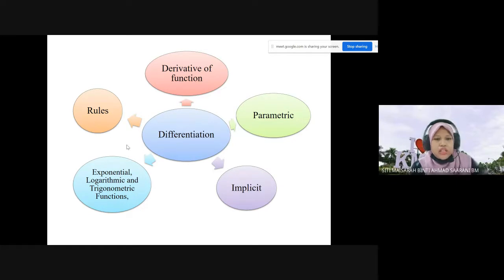The third one is 9.3, differentiation of exponential, logarithm, and trigonometric function. The fourth one is implicit differentiation. And the last one is 9.5, parametric differentiation. So we have 5 main parts for differentiation. This is a bigger topic.